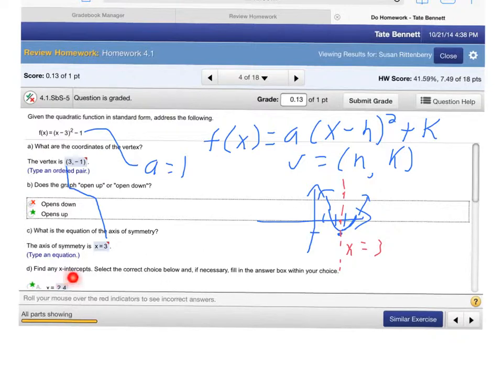Next question here is, find any intercepts, the x-intercepts. Well, to find the x-intercepts, you're going to have to let y be 0, or set this equal to 0.